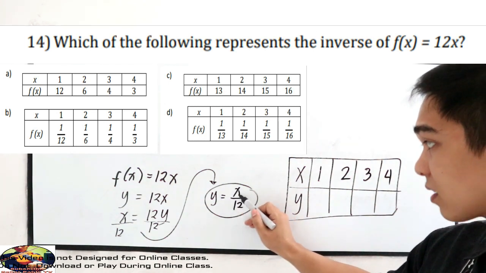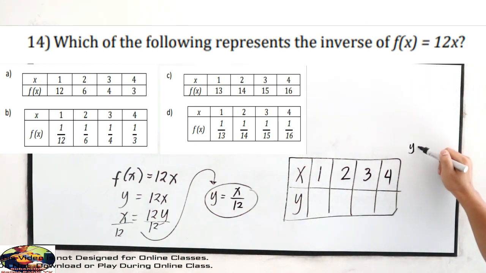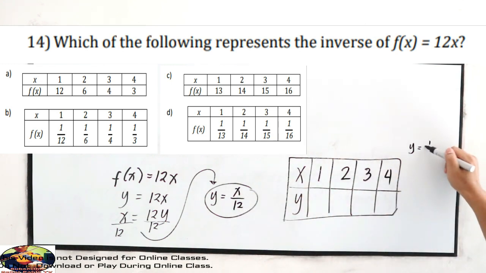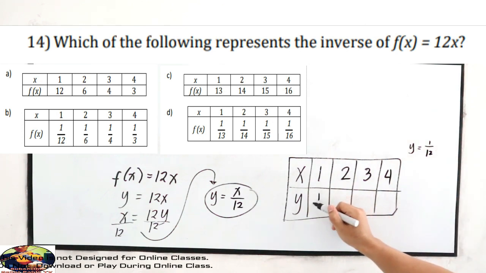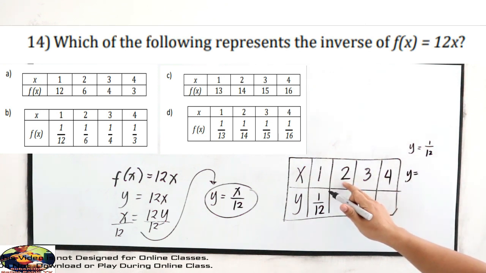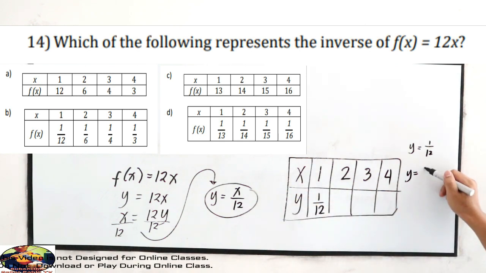If x is 1, we have y is equal to 1 over 12. If x is 2, we have 2 over 12, reduced to lowest terms, so this is 1 over 6.